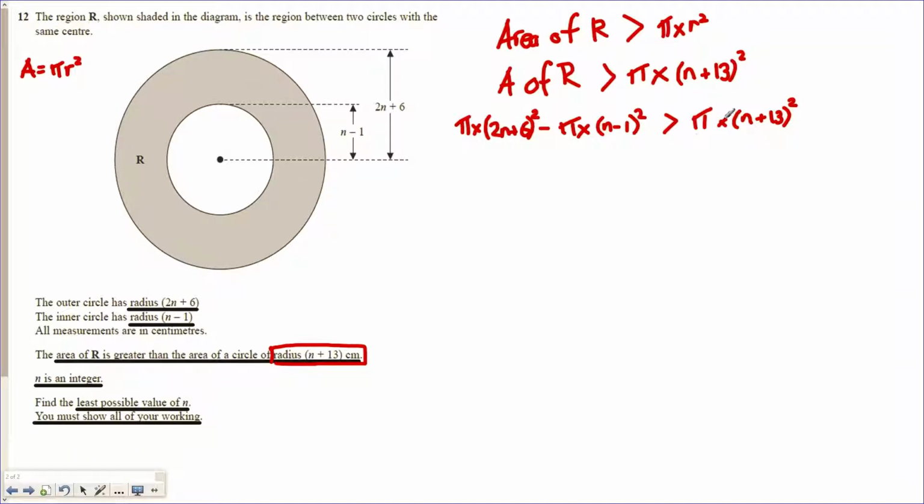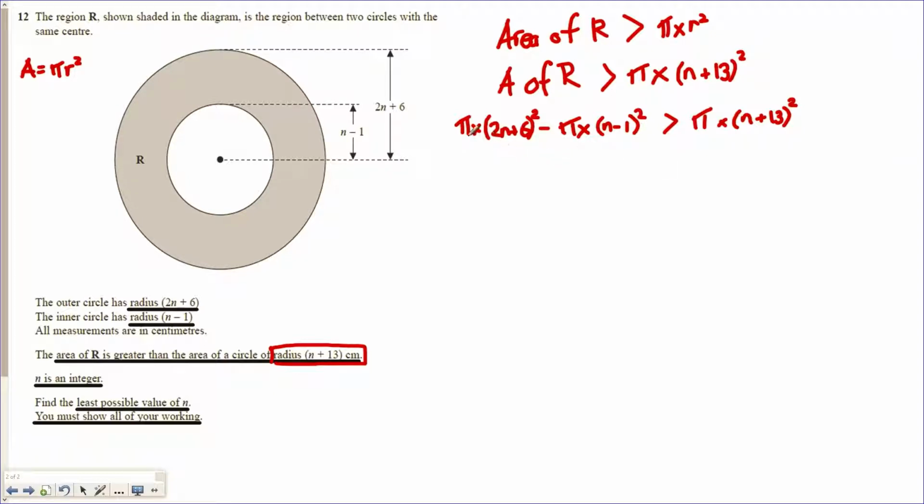Now we have to solve this inequality, and we solve inequalities in the same way that we solve equations. The one key thing you need to remember is that the inequality sign reverses when you multiply or divide by a negative number. That's the only time the inequality sign reverses, and that's what you should know before you attempt this question.